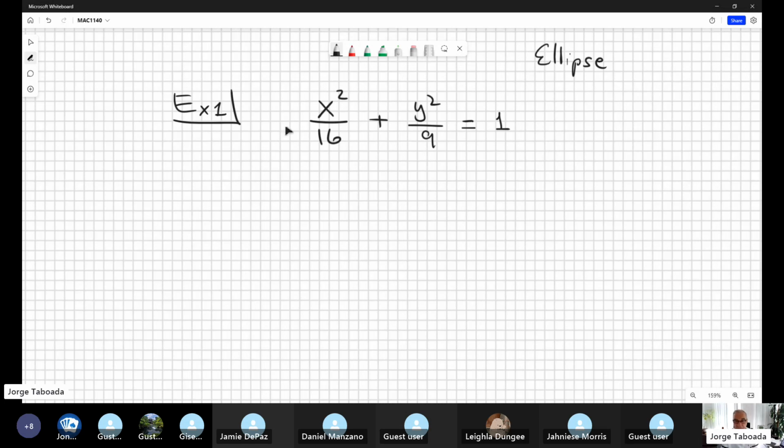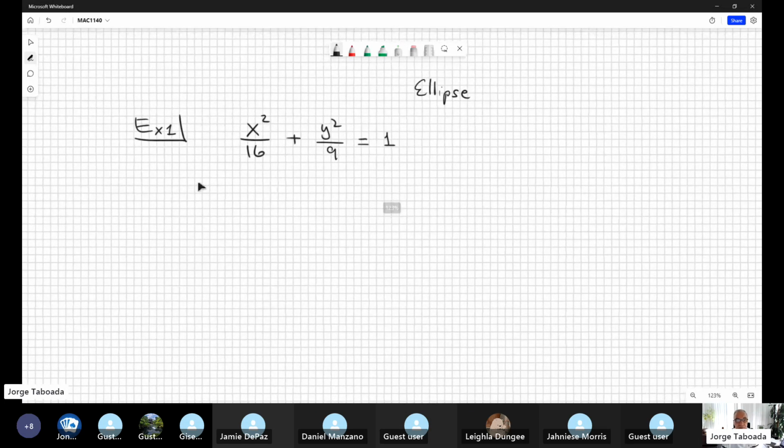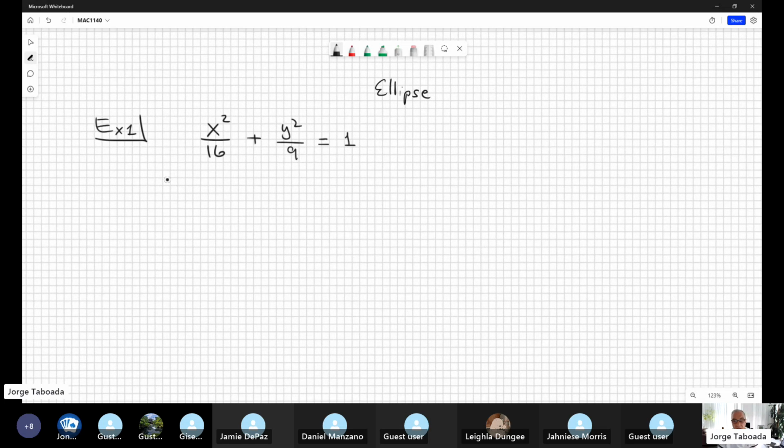In general, when you see an equation that contains x squared and y squared with a plus in between them, it's an ellipse or it's a circle. So what is the difference between an ellipse and a circle? When the numbers are different, 16 and 9, it's obvious that it's an ellipse. If the numbers are the same, 16 and 16, or 9 and 9, then it's a circle.